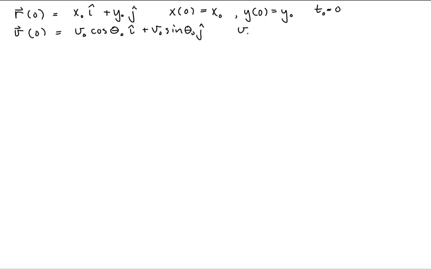This means that the x component of velocity at time t equals 0 is equal to v naught cosine theta naught, and the y component of velocity at time t equals 0 is equal to v naught sine of theta naught.